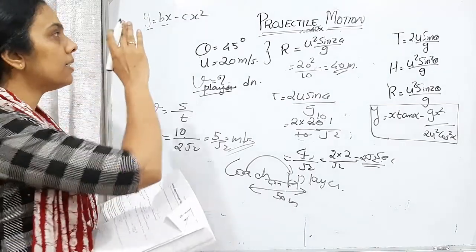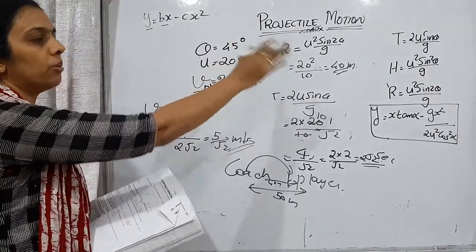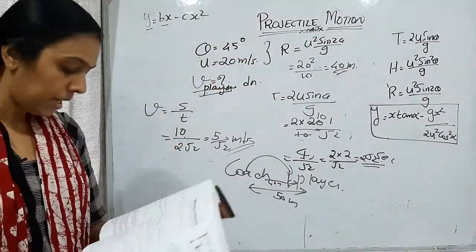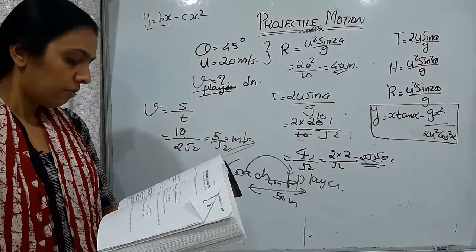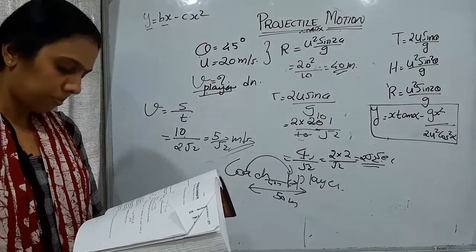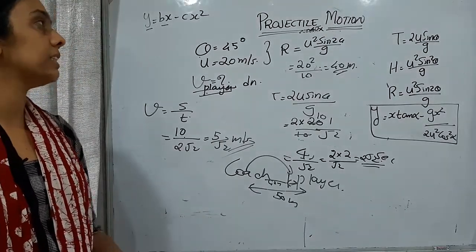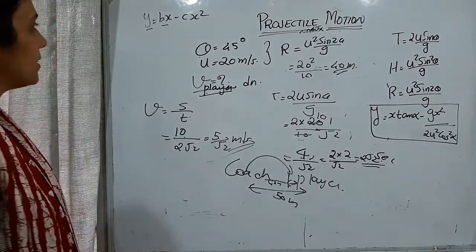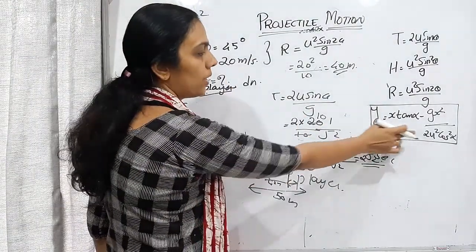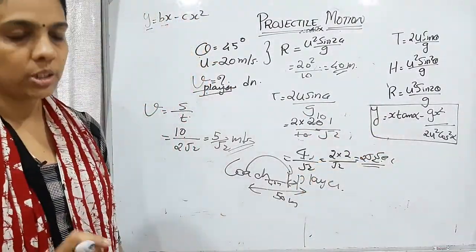So since it is a parabolic equation, it will be under projectile motion. So here we need to find the velocity of the particle at the origin of coordinates. We can just compare this equation with the projectile equation and find out the value of u. Let me show you how to do.